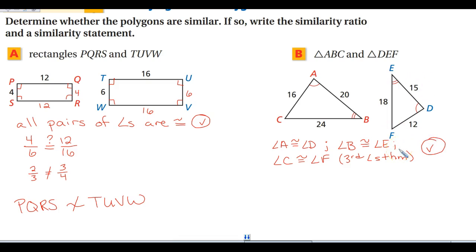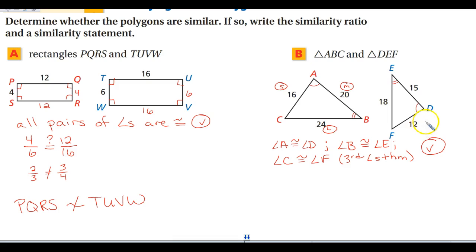The next thing that I'm going to do is determine whether all of my sides are going to be proportional. Again, like we did in the last example, we're going to label our sides as small, medium, and large so I can put them in the right ratios. In this triangle, 16 is my smallest side, 20 is the next longest, and then 24 is my longest side.